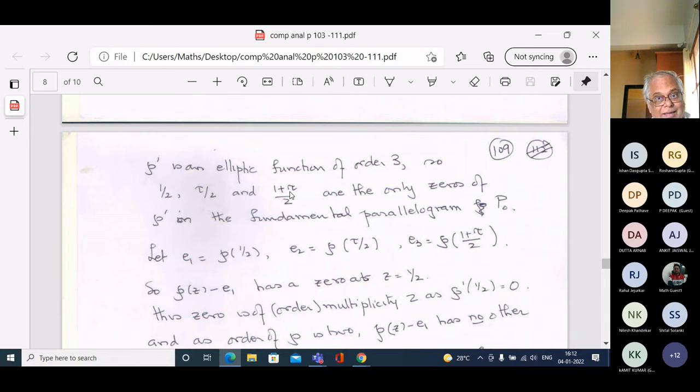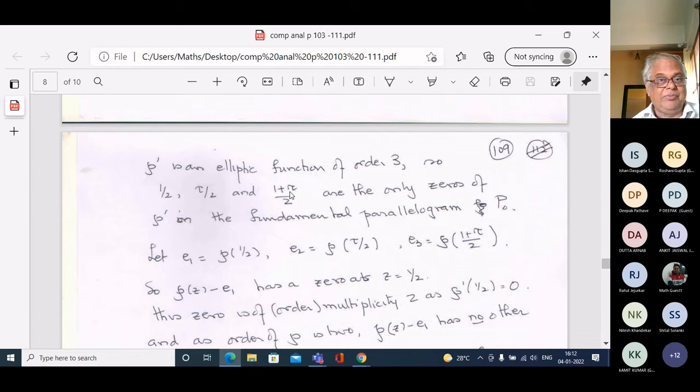If you have order m, then the number of zeros in each fundamental domain is exactly m. P prime is an elliptic function of order 3. These are 3 zeros of P prime. Therefore, these are the only 3 zeros of P prime in the fundamental domain. So half, tau by 2 and (1 plus tau) by 2.